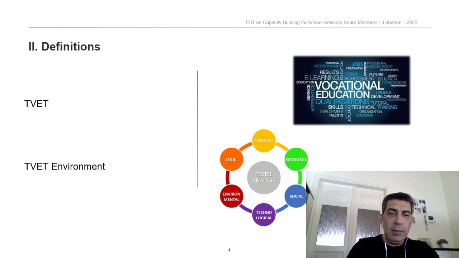It encompasses all the physical, organizational, educational, and social aspects that influence the delivery and effectiveness of TVET initiatives.